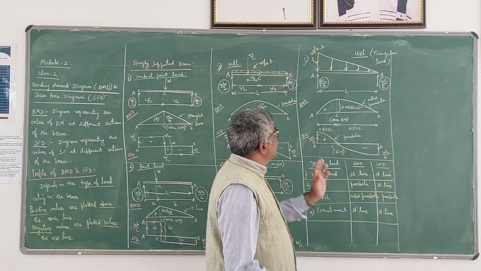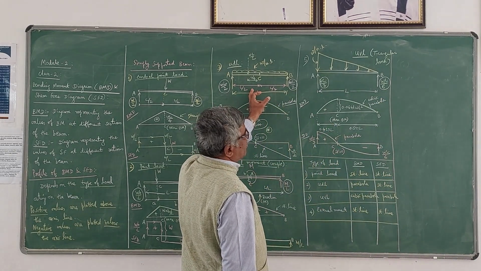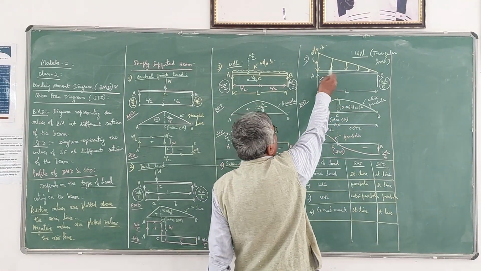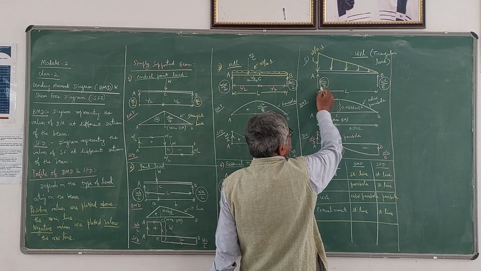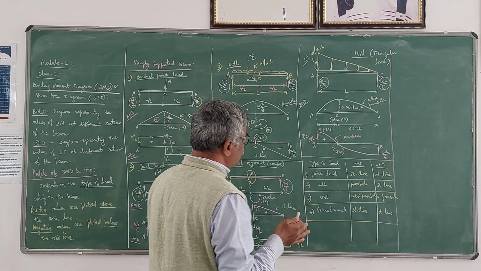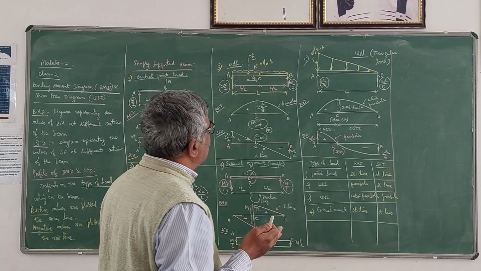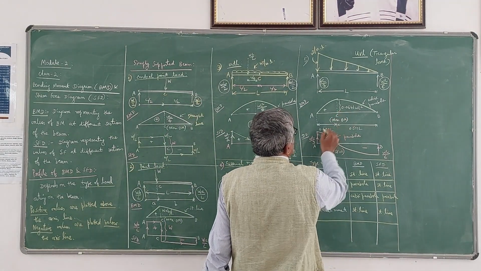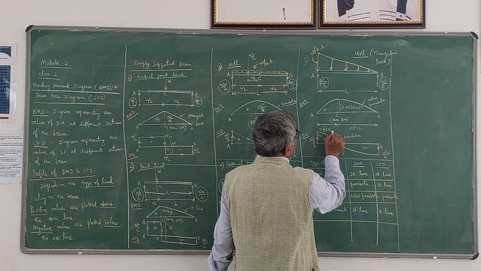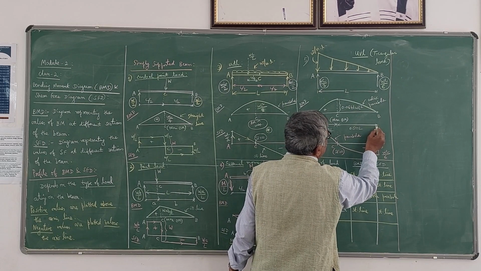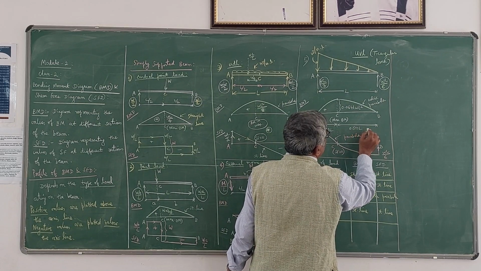See, observe that in the earlier case reactions are equal because the beam is symmetrical, here reactions are not equal. So the higher load is on this side, therefore reaction is more here, reaction is less here. If you calculate the maximum bending moment, in this case you are going to get it at the point C at a distance of 0.423 times L from this edge, or at a distance of 0.577 L from the other.